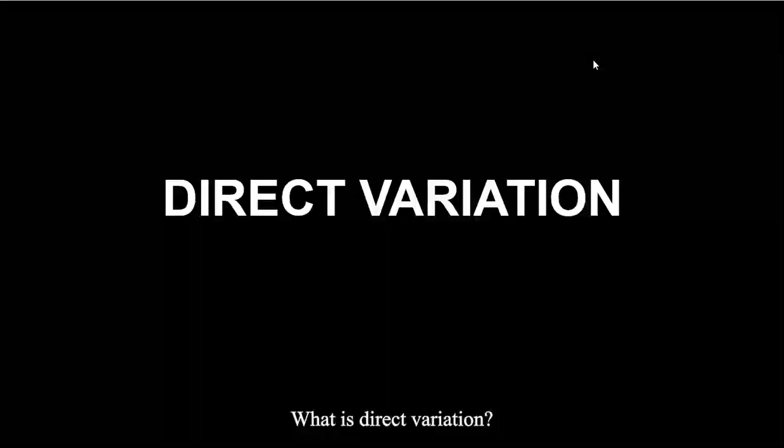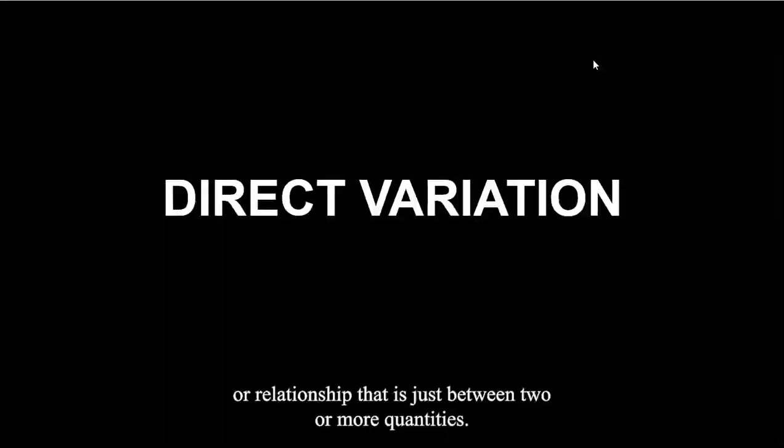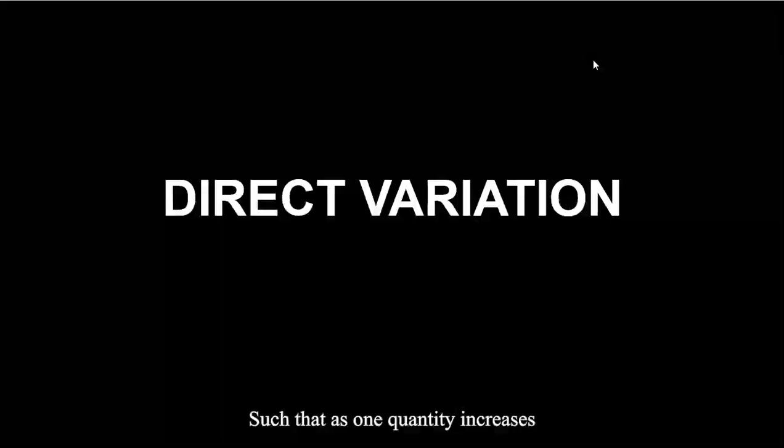What is direct variation? Direct variation is a type of variation or relationship that exists between two or more quantities, such that as one quantity increases, the other one also increases, or vice versa. As one decreases, the other quantity also decreases. Basically, that is direct variation.